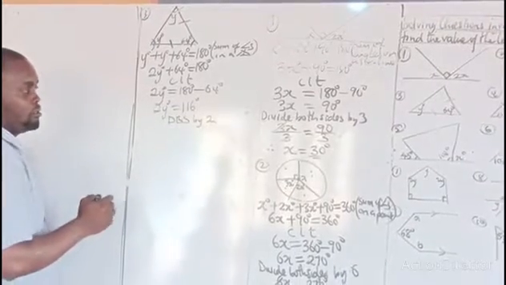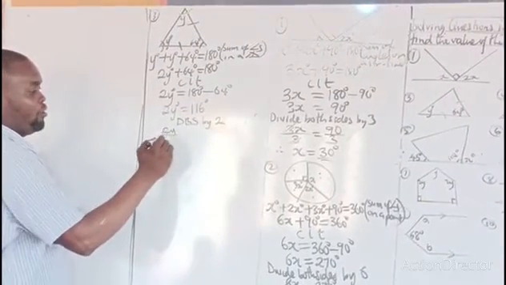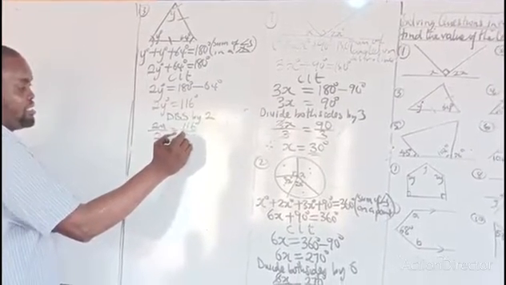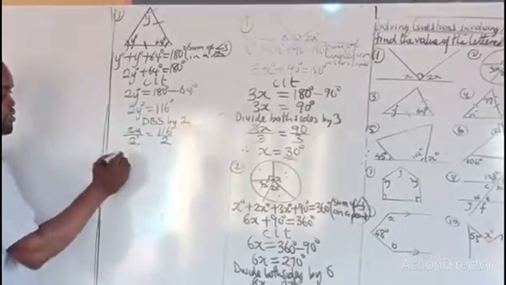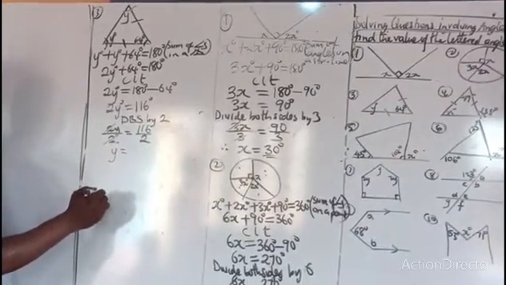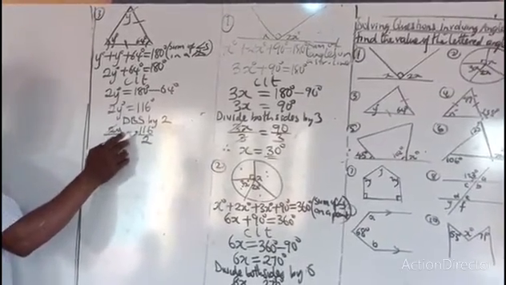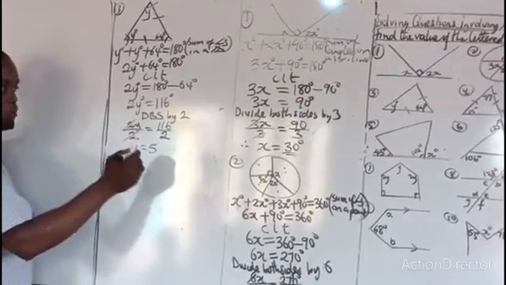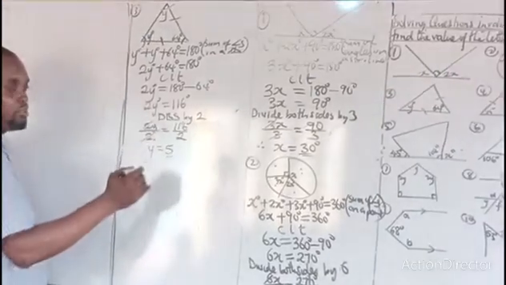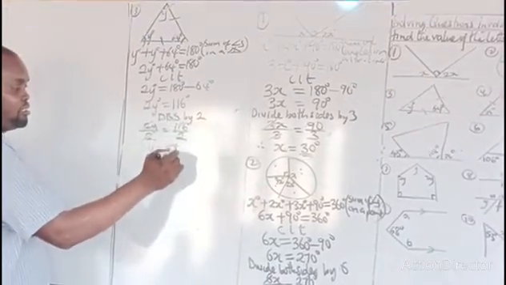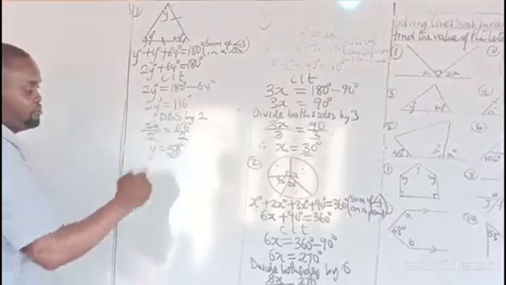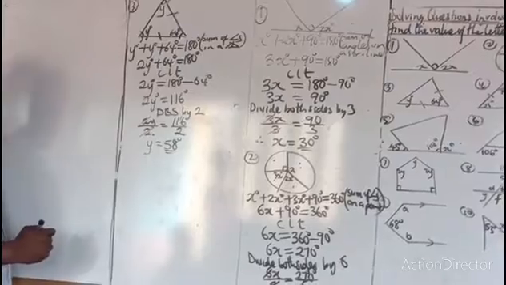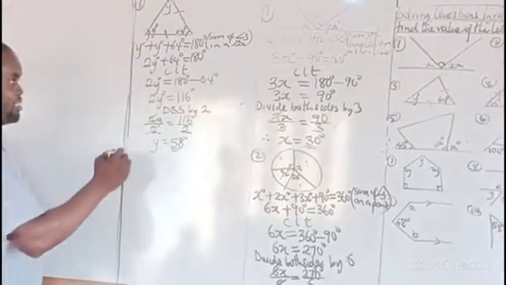So that we say 2y over 2 equals to what? 116 over 2, cancel 2. Y is equal to 2 in 11. What does that give us? 5, remainder 1. Add it to the next number, because 2 in 16 is 8. So y equals to what? 58 degrees. Is that understood? Yes.